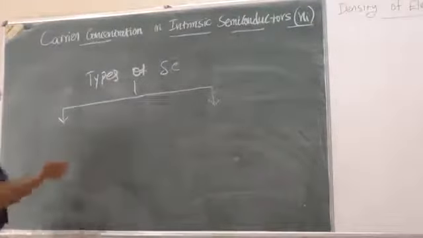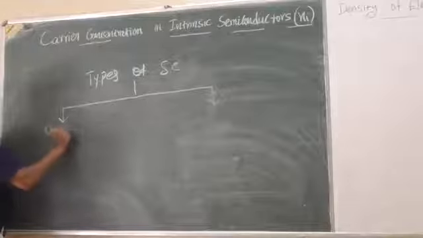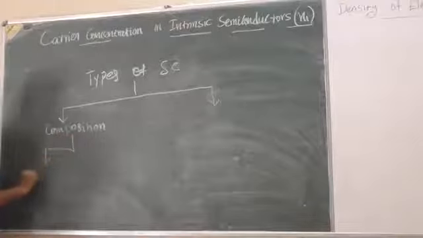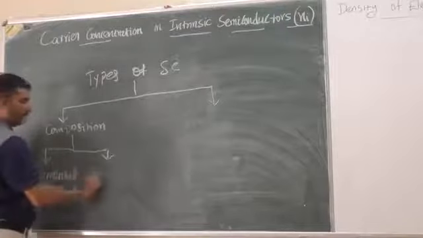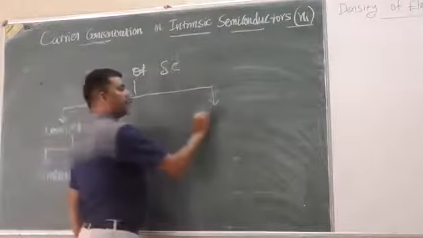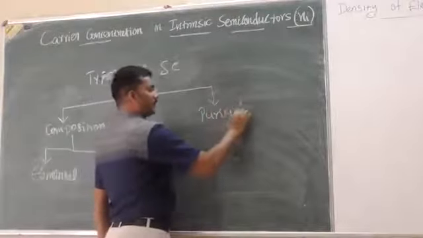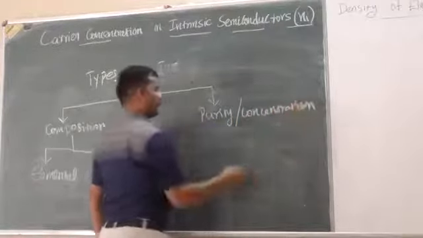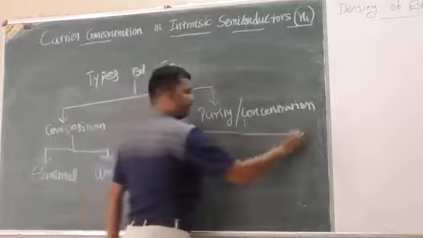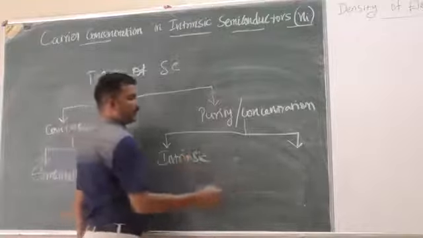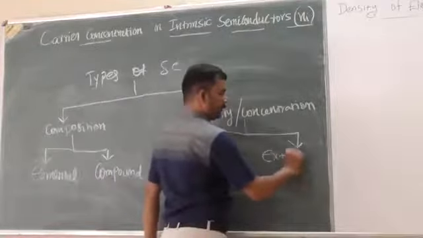The types of semiconductor: based on composition, semiconductors are classified into elemental semiconductor and compound semiconductor. Based on purity or concentration, the semiconductor is divided into two types, that is intrinsic semiconductor and extrinsic semiconductor.